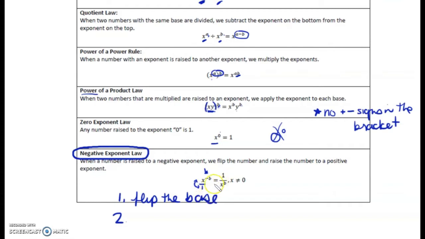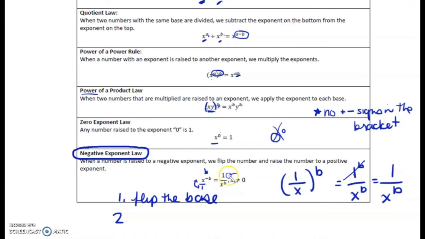So flip the actual base and then raise each number to the exponent. In other words, this may look like 1 over x all to the exponent b. But we know that 1 to any exponent, so say it's 1 to the b over x to the b, is just going to simplify to 1. Okay, so this is the simplified version.